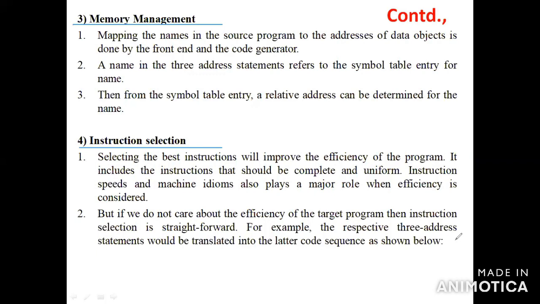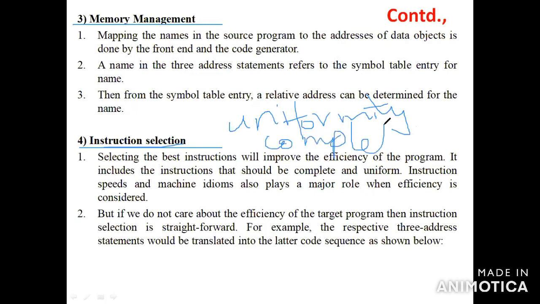There are two important factors for instruction selection: the first one is uniformity, the second one is completeness of the instruction set.